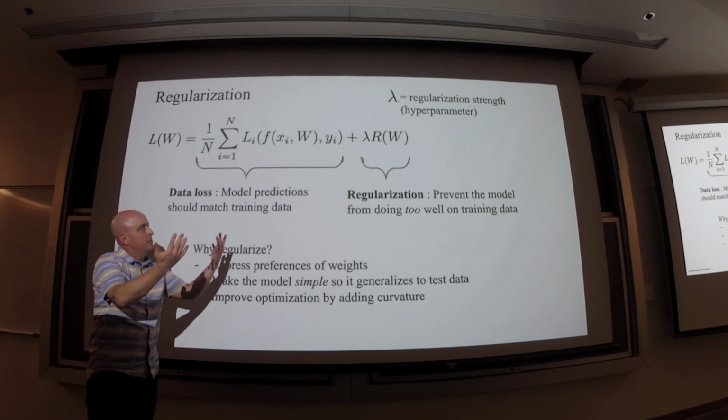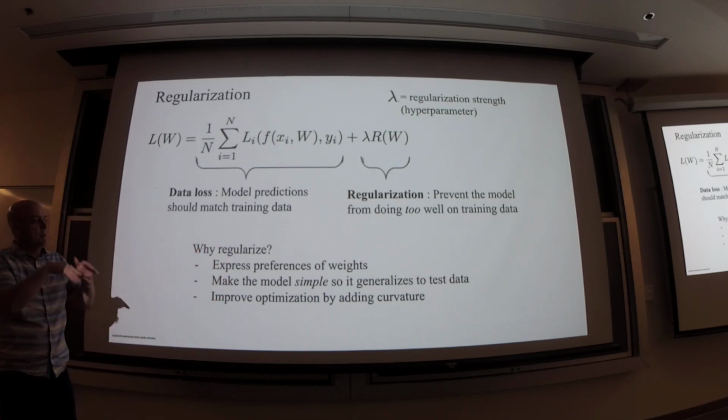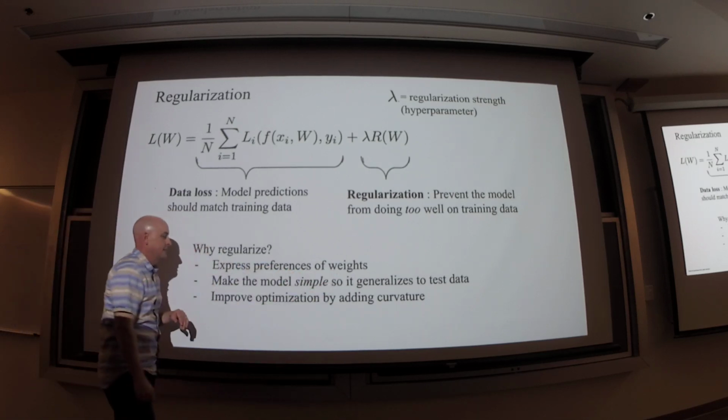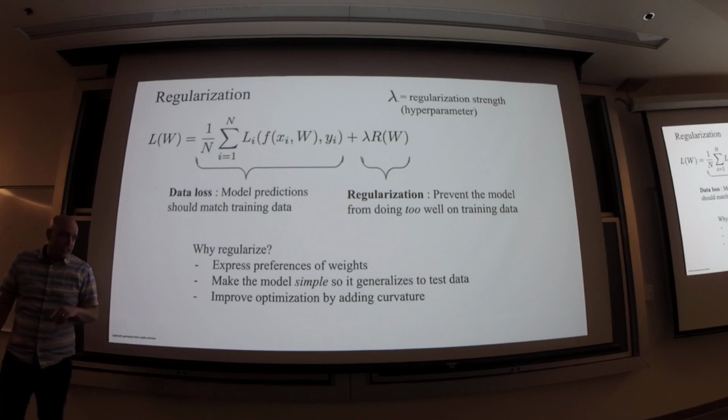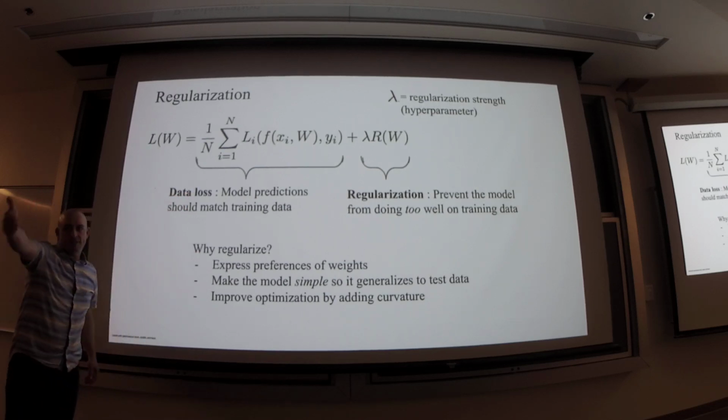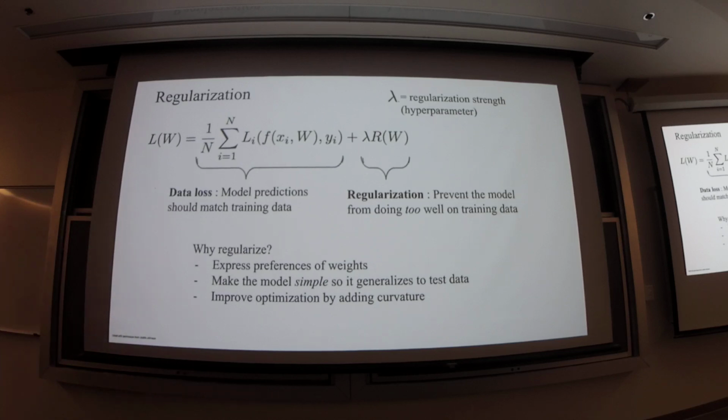So by smoothing out the parameters, making them simpler, we usually do better in terms of generalizing to our test data. And truth be told, some of these functions are just so nasty that we never have a convex problem, but we can make things feel a little more convex by adding in these convex terms, which gives nice curvature for the kind of optimization that we're going to do, which is great.